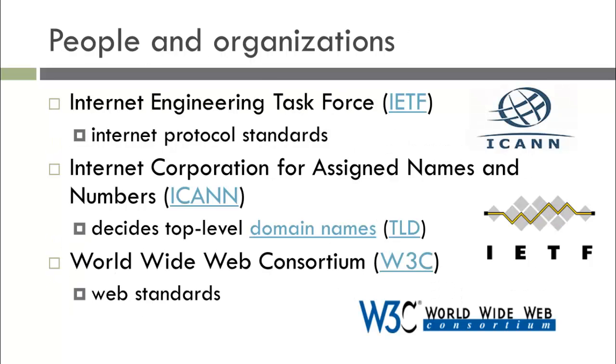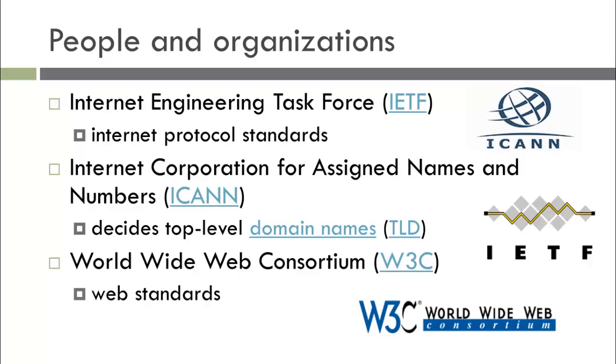Some of the organizations and groups that do have a controlling effect on the Internet are things that actually help the Internet to function as a whole. For instance, the IETF controls the standards for the Internet protocol, which ensures that all devices can communicate.